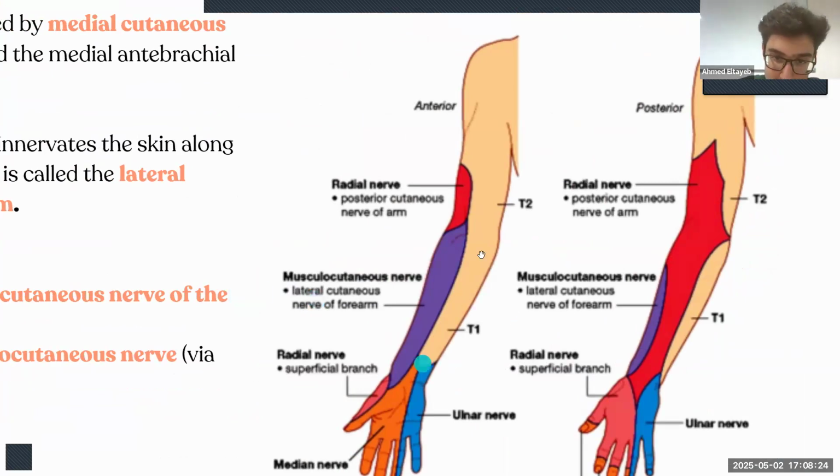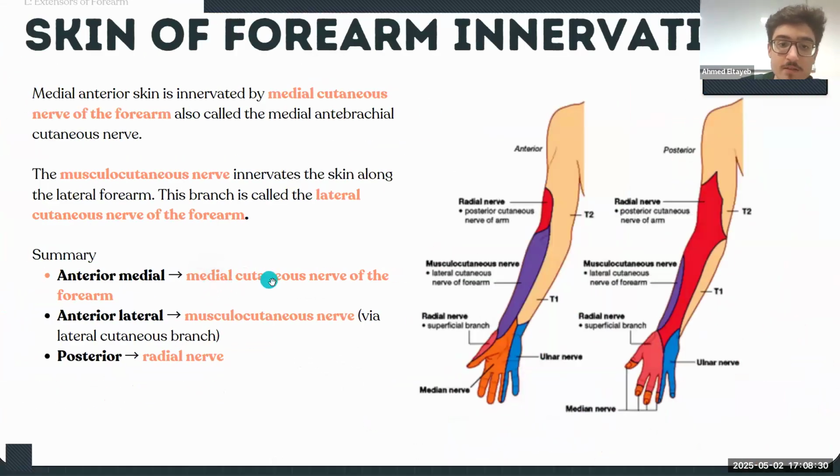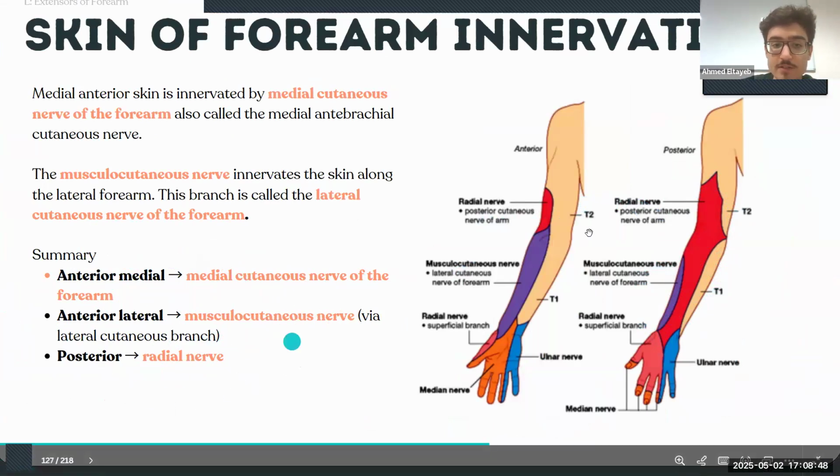What about the medial aspect of the forearm, T1? It's innervated by a nerve called the medial cutaneous nerve of the forearm. So what are you responsible to know? You need to know the posterior, the medial, and the lateral innervation. Lateral is musculocutaneous, anterior medial is the medial cutaneous nerve of the forearm, and posterior is the radial nerve.